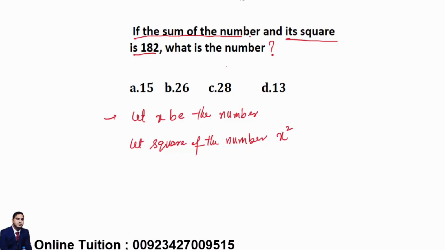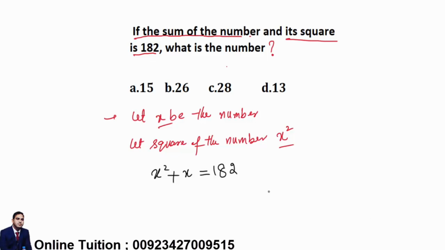This is given. Now the next step is the sum. What is the sum? x square plus x is equal to 182, as given in the question. The sum of the number and its square is 182.